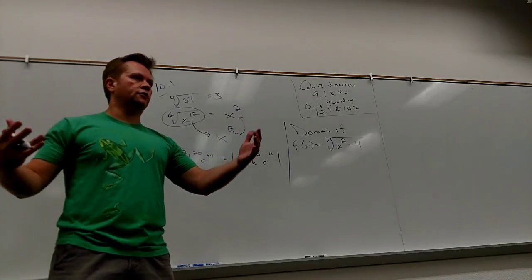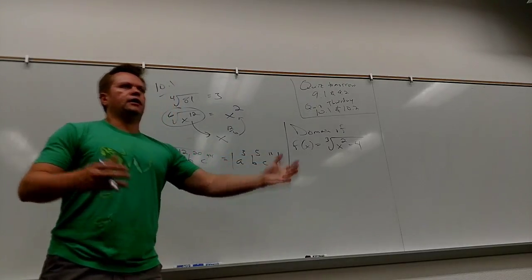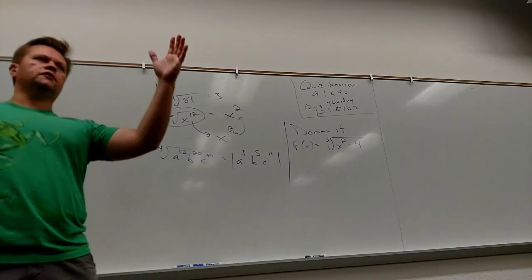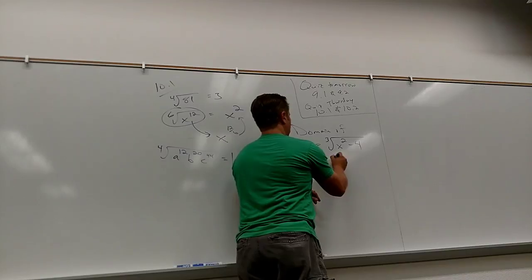Odd roots can handle everything. It's even roots that are the uptight ones. The answer can't be negative, and they can't handle negatives inside. Odd roots are fine, they can handle anything. So this would be all reals.